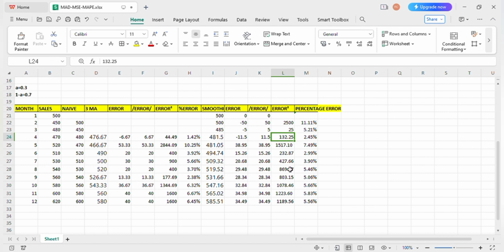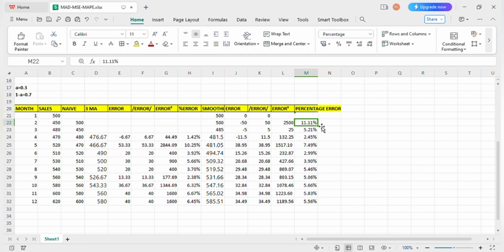So I think you get the procedure, and let's find out the last, the percentage error for exponential smoothing. It's the same procedure as how we calculate the naive forecasting for the error, the absolute error, the error squared, and the percentage error.